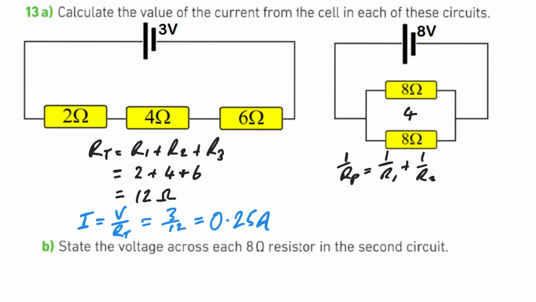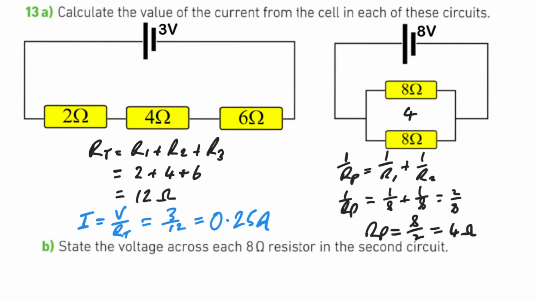And yeah, fair enough, but we'll do this by the other method just for completeness. And so an eighth plus an eighth is 2 eighths. Now remember, that's an answer for what 1 over Rp is. So Rp is going to be that upside down, which is 8 over 2, which as we said before is 4 ohms.